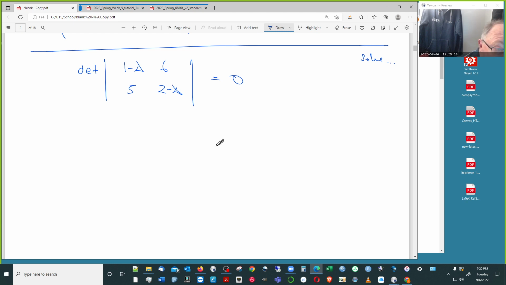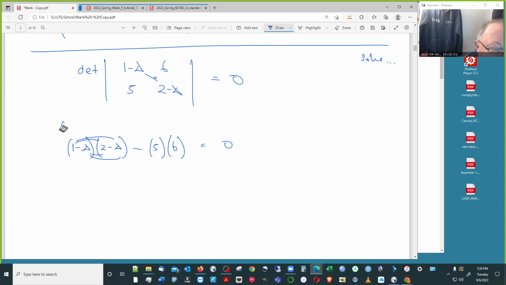Now, what's the determinant? The determinant is the first entry, this one: 1 minus lambda, multiplied with the entry over here, 2 minus lambda. This is the times bit. Subtract, and then we've got 5 times 6, and I'll put them in brackets just because we don't want to be lazy. Then we can expand all of those. We just use FOIL.